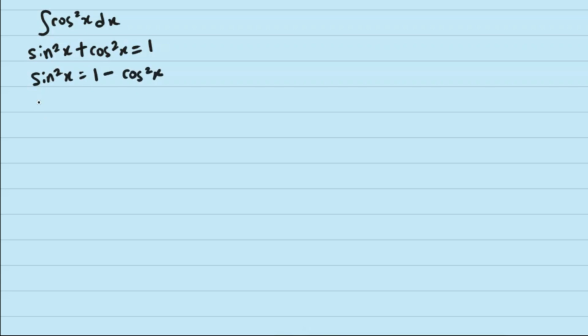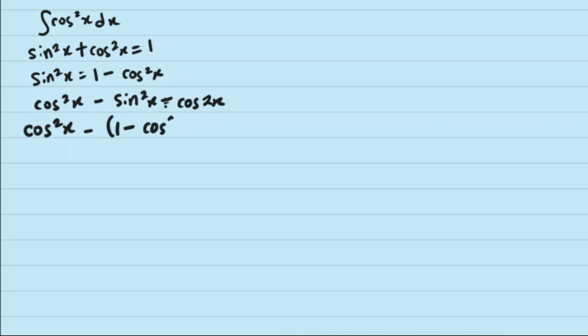So don't forget cos square x minus sine square x is equal to cos 2x. We see sine square x, so we substitute 1 minus cos square x. This will give us cos square x minus (1 minus cos square x) is equivalent to cos 2x.